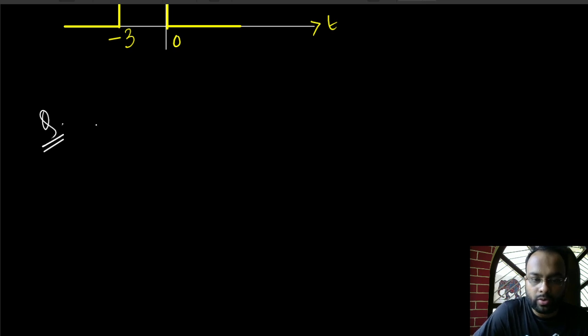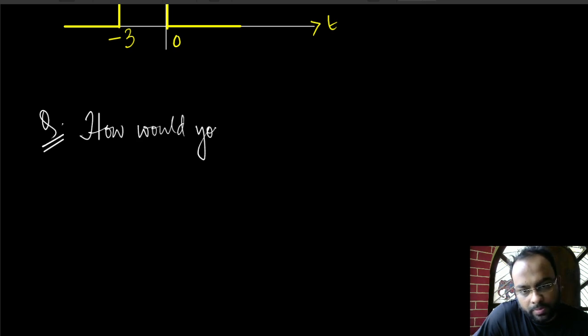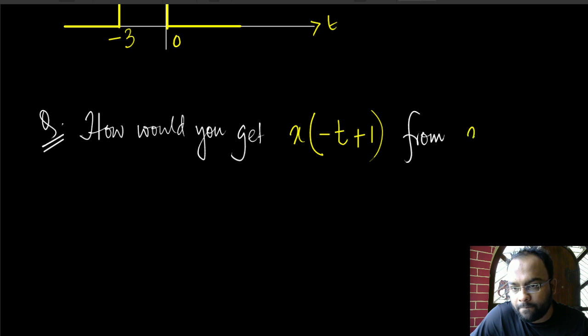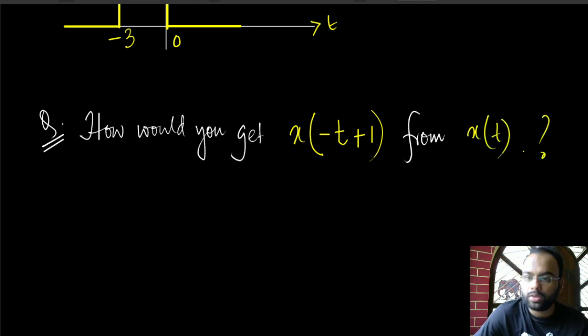All right, so the question is: we have x of t. How do you get x of minus t plus 1? Can anybody answer the question?